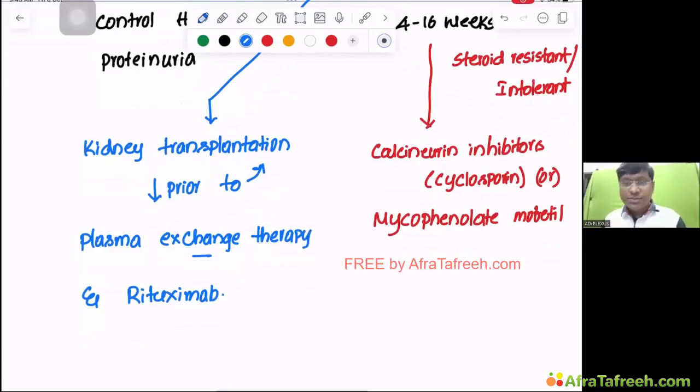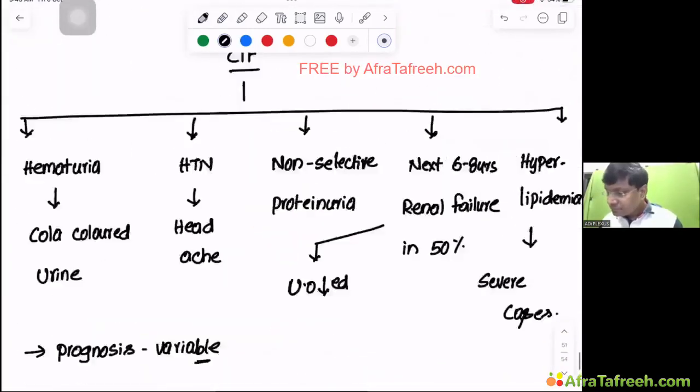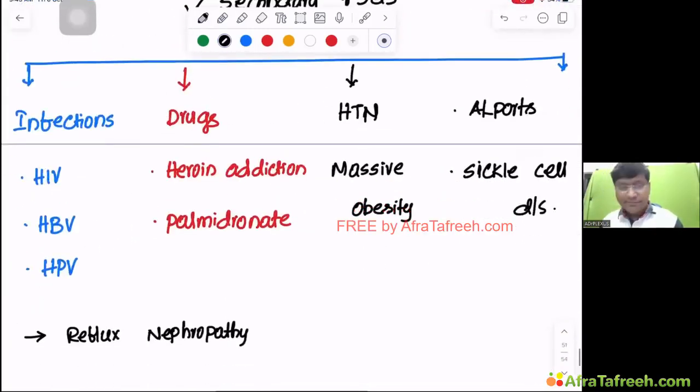So this is the treatment for primary FSGS. But for secondary FSGS, there is no role of immunosuppressive therapy at all. What are the causes for secondary FSGS? Infections, drugs, comorbidities like hypertension, massive obesity, then Alports and sickle cell.